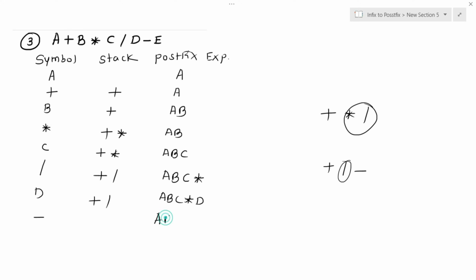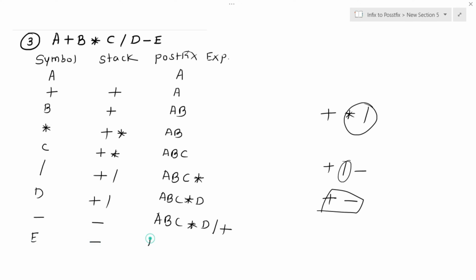So here our expression becomes ABC multiplication D division. But if we remove it and place it into the postfix expression, then we have plus and minus. Our one rule says that the same priority operator cannot stay together in the stack. So in this case, if we have to insert minus into the stack, we have to pop plus, and here is a minus.